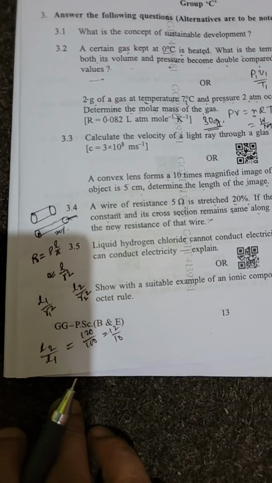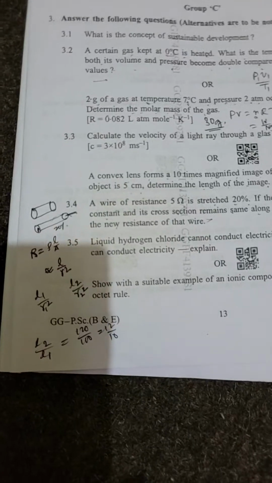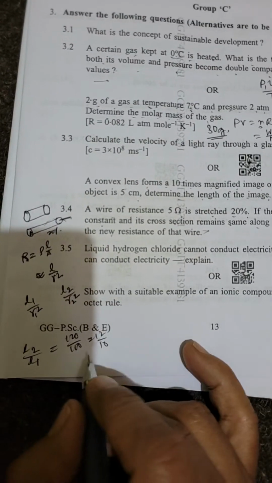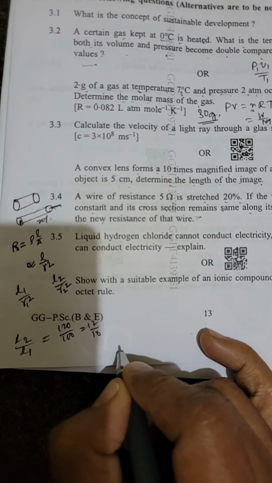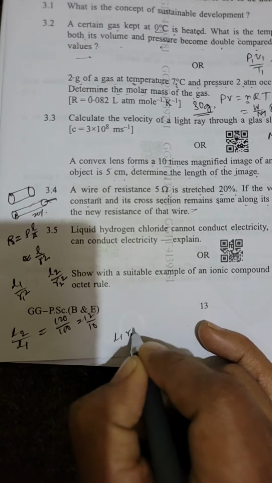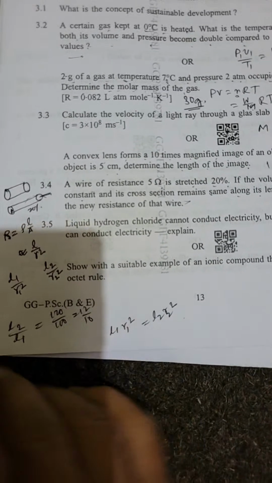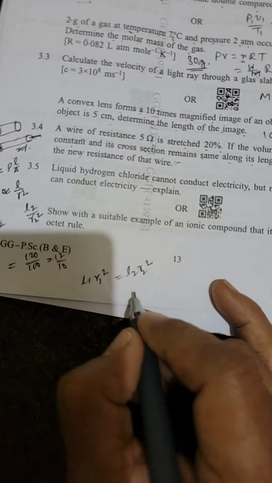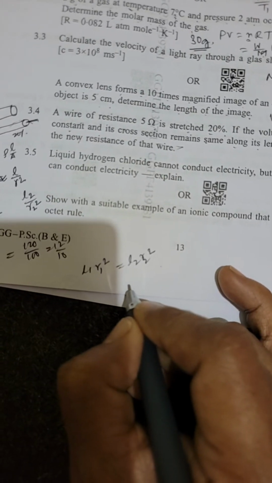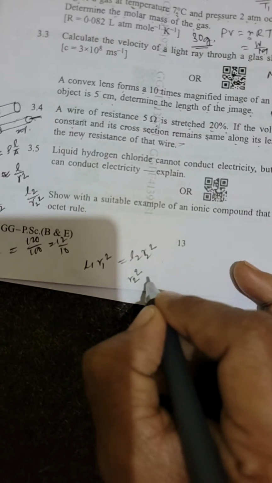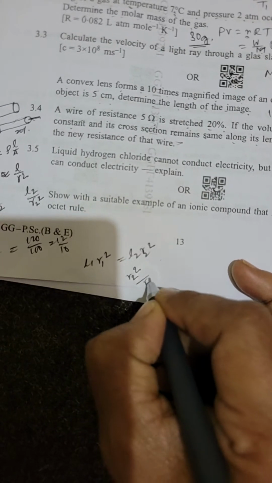Now what you have to do, the volume is the same, so L1 r1 square equals L2 r2 square, and from this equation you will get r2 square by r1 square.